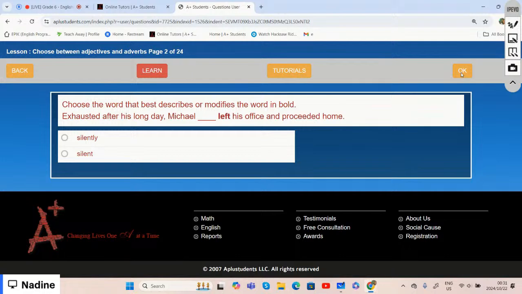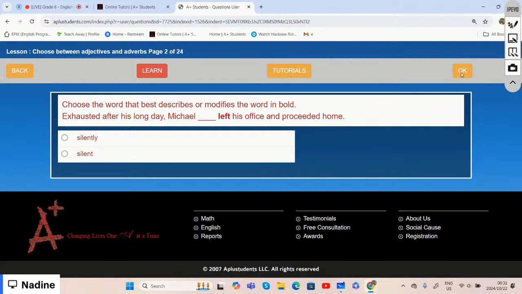The next one says we need to choose the word that best describes or modifies the word in bold. So left. Do we say, exhausted after his long day, Michael silently left his office and proceeded home, or Michael silent left his office and proceeded home?